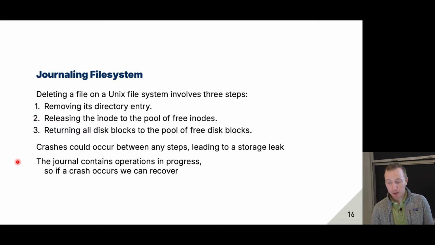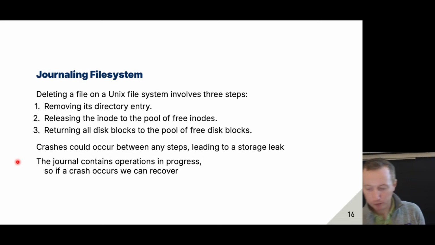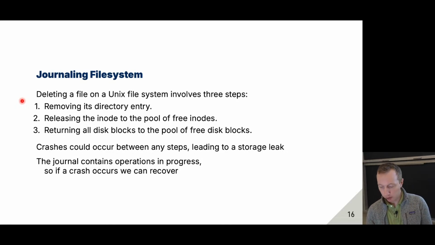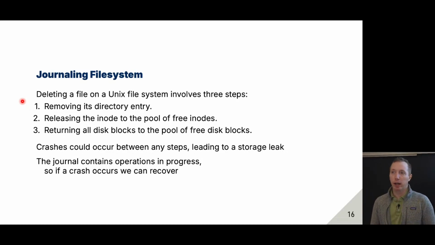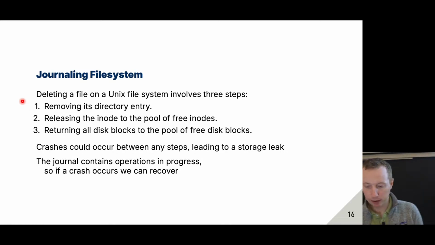So that's basically what the journal does: it contains operations in progress. It would write to some place and flush the write so it knows what it's about to do. So it would write an entry that's like, I'm deleting this file, and it would not remove that entry in the journal. It's essentially like a to-do list until it actually completes that operation.